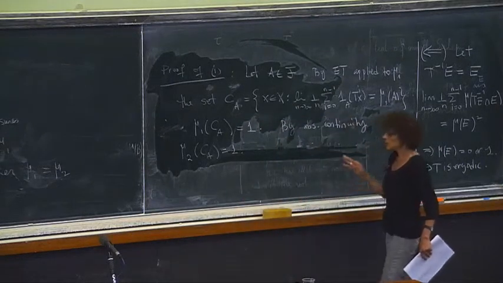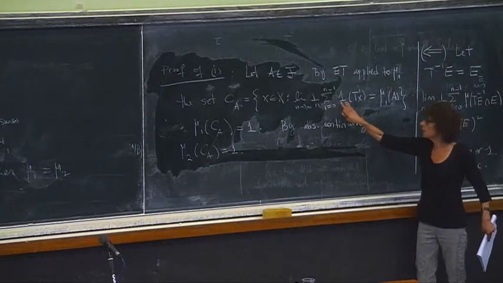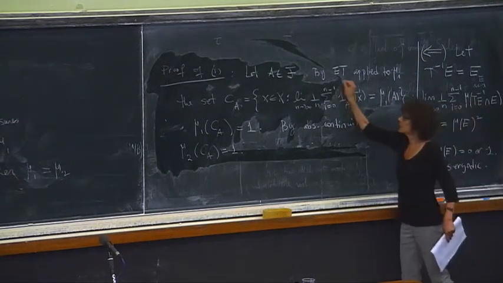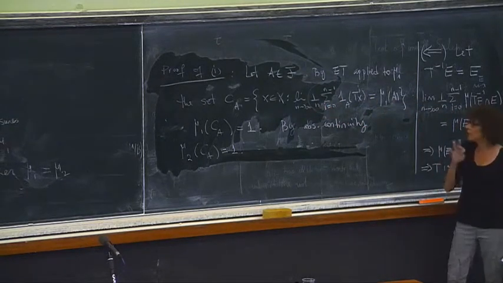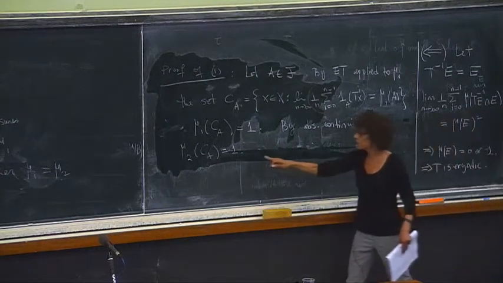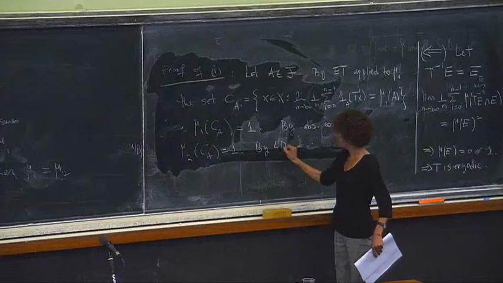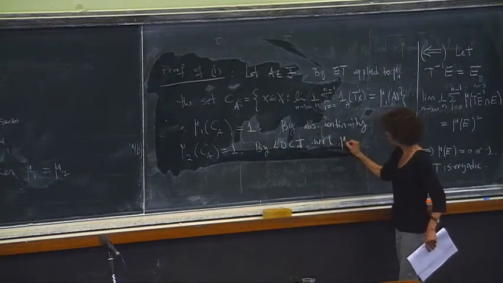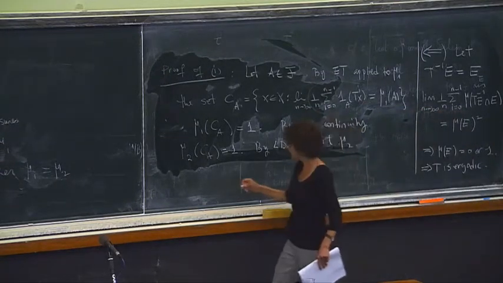So with respect to mu2, almost every point also has this convergence. This is a bounded sequence, so I'm going to apply again the Lebesgue dominated convergence theorem, but with respect to the mu2 measure.